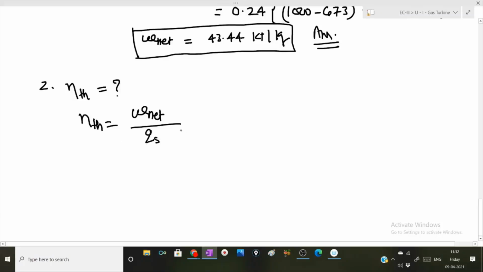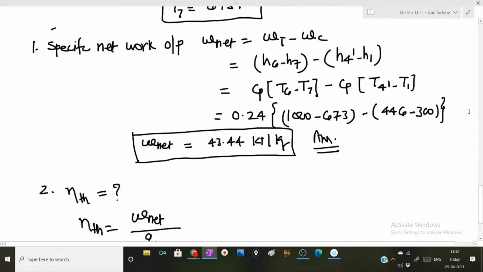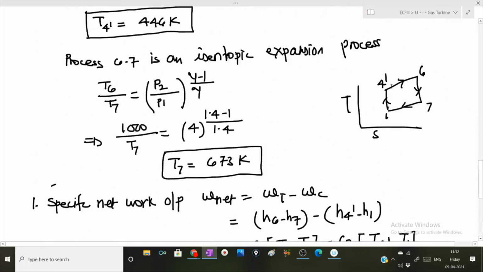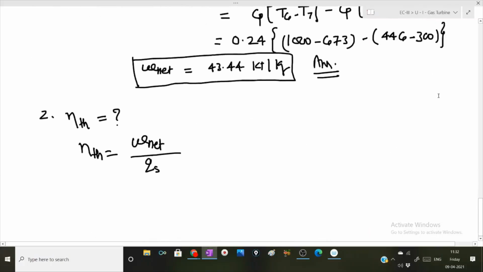Heat supplied will be what? If you refer to this cycle, during the process 4 dash to 6 we are supplying heat in the combustion chamber. So it will be H6 minus H4 dash. The W net value we have is 43.44. We will require QS, so we can calculate it separately.